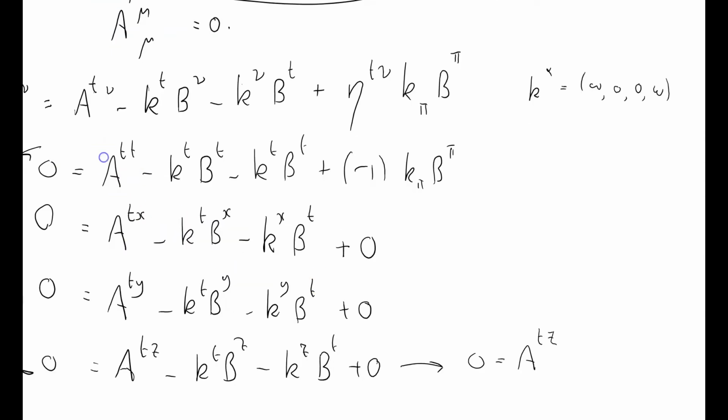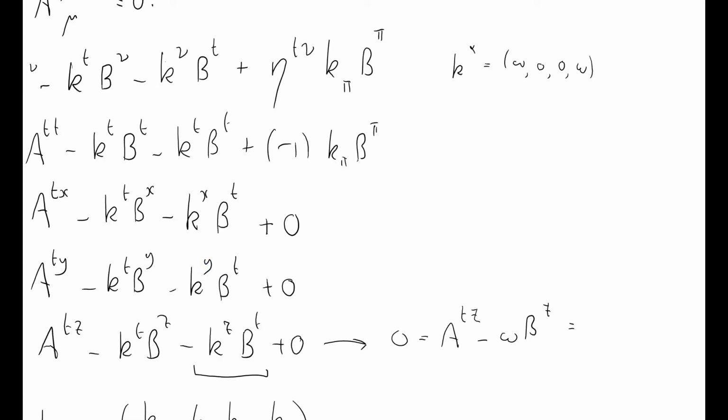So what do my equations look like? This one here: minus omega BT equals 0.